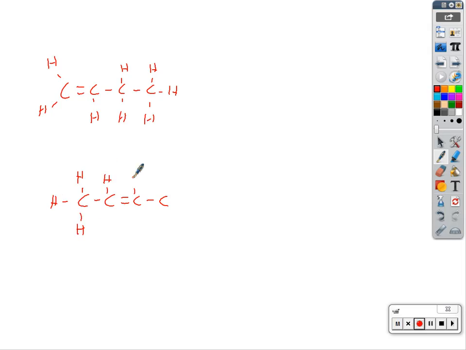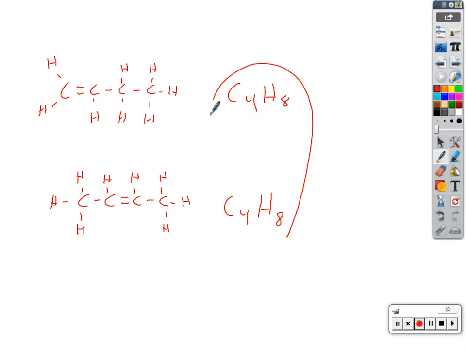And the way you would identify both of those as being isomers is by doing the molecular formula. This is C4, H, 1, 2, 3, 4, 5, 6, 7, 8. Count the carbons, that is C4, H, 1, 2, 3, 4, 5, 6, 7, 8. They both have the same molecular formula but different structures. This is what makes them isomers.